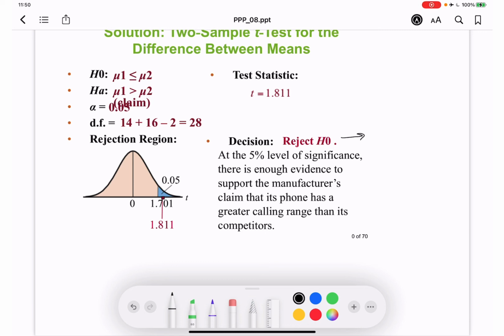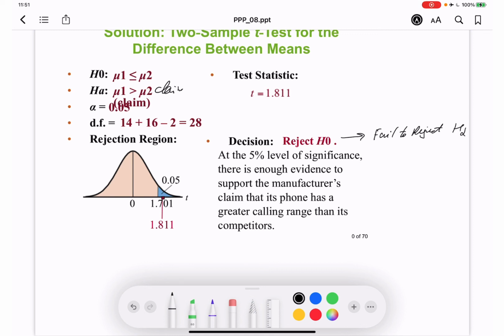Hallelujah. Finally, in one case, we reject the null hypothesis. Our claim is the alternative, right? So if we reject the null hypothesis, that means we fail to reject the alternative hypothesis.